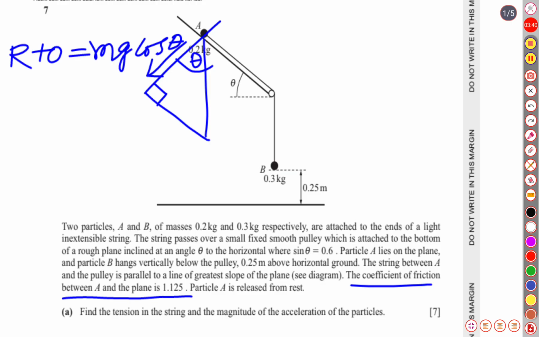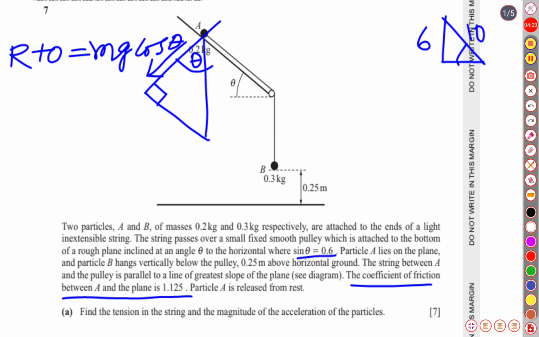About the theta, they have written sine theta is equal to 0.6. Let me draw over here. This is theta. Sine theta is 0.6, means this is 6 and the hypotenuse is 10.